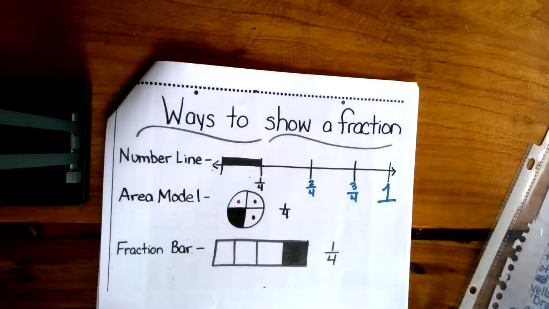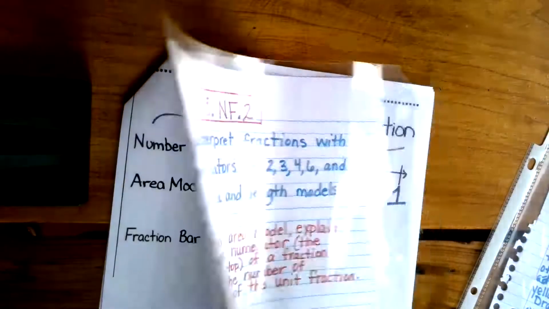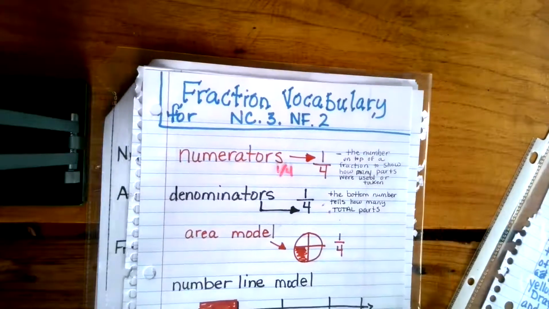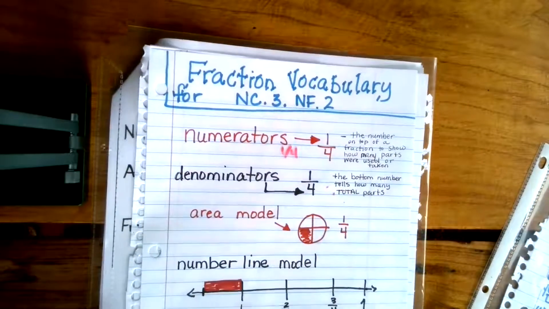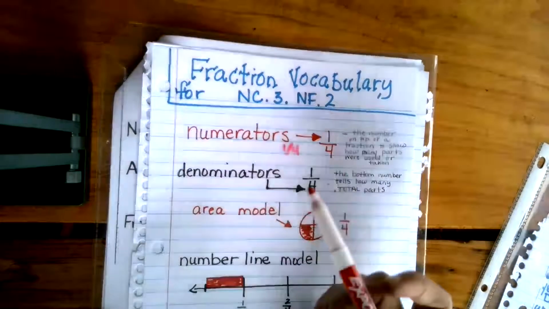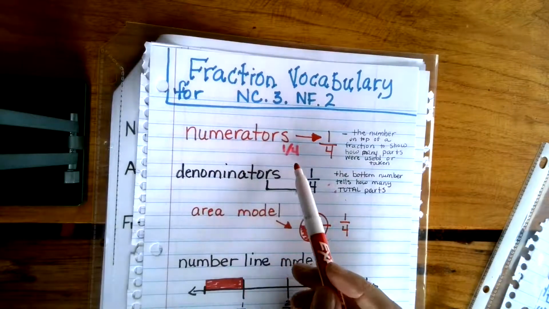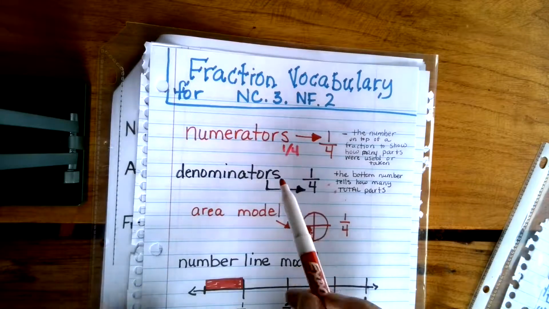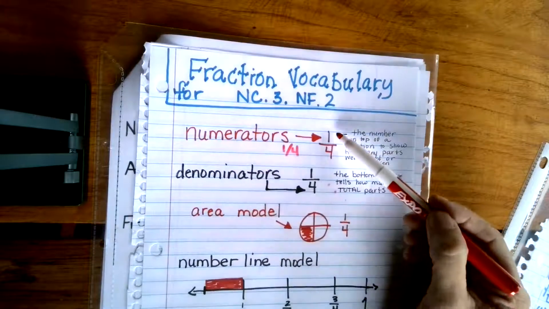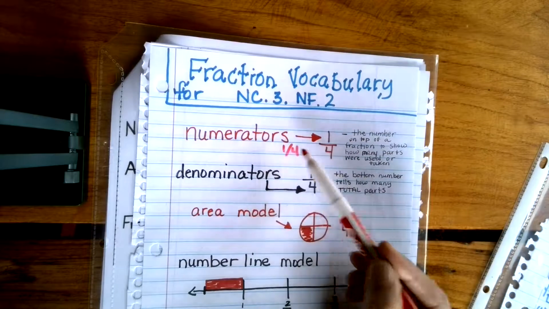Okay? So we're going to be looking at that and looking at our vocabulary for this standard. And some of the vocabulary is numerators, which we've been getting into with our NF1. And a numerator is the number on top. Or sometimes a fraction can be written this way.